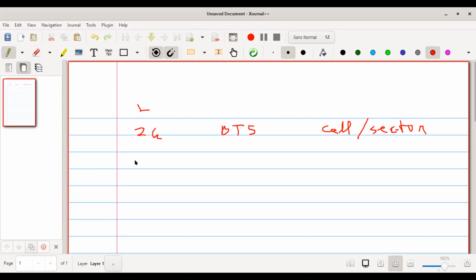Okay. In the case of 3G, the base station is called... I don't know why it is causing so much delay today. Sir, I think you can load the pen drivers. Sometimes if you don't load the drivers, it causes delay.